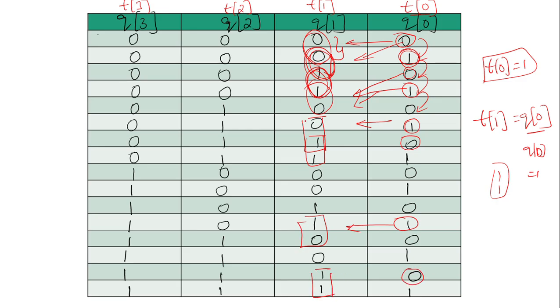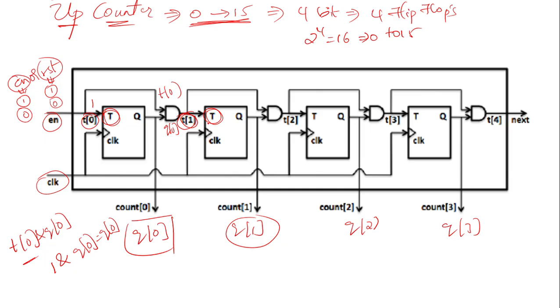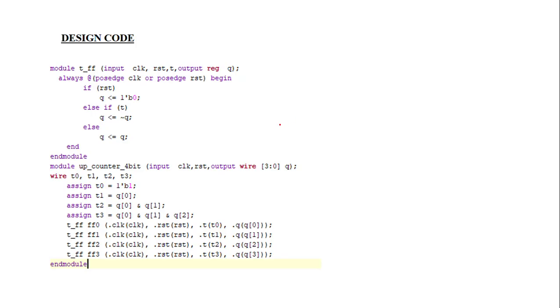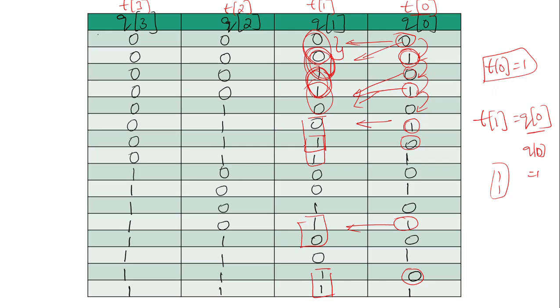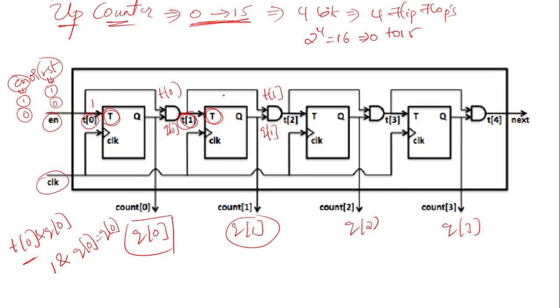So like that we are going to consider T of 1. Like that we are giving the input to the second flip flop. So how are we going to give the third flip flop? Here we can observe T of 1 AND operated with Q of 1. What is the input here? T of 1 AND operated with Q of 1.